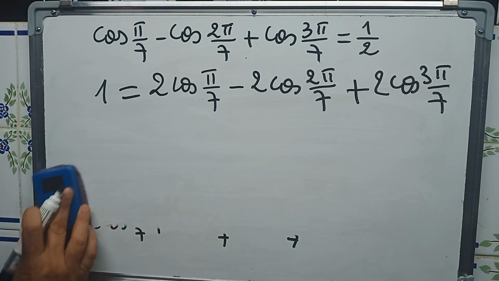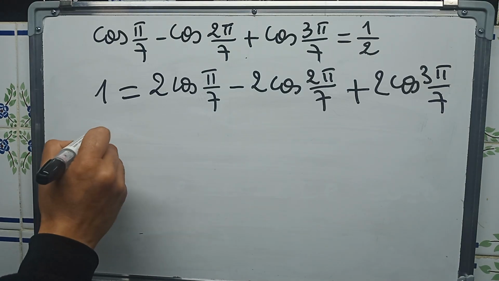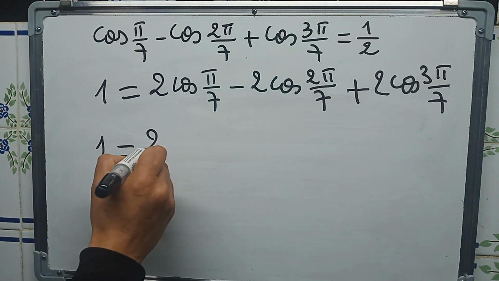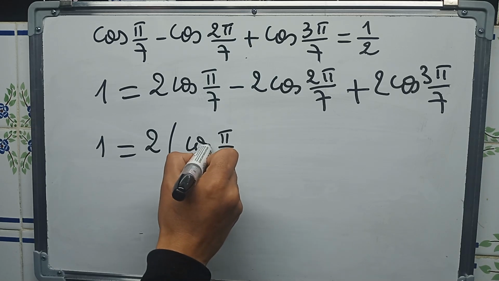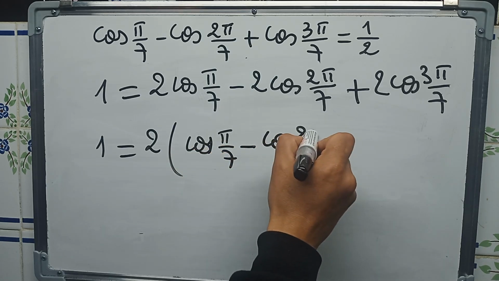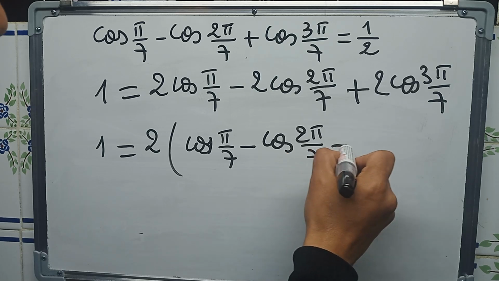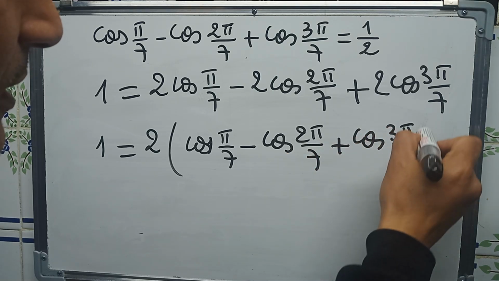And now the common factor is 2. We have 1 equals 2 times (cosine pi over 7 minus cosine 2 pi over 7 plus cosine 3 pi over 7).